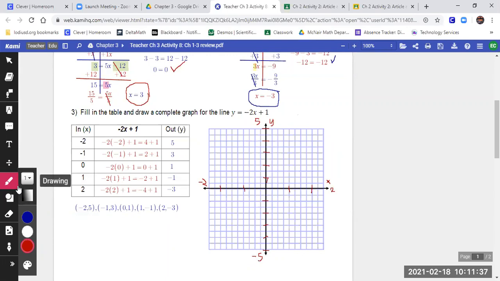All right, so I changed my dot to about a 4. We're going to go put our dots on the graph now. When x is -2, y is +5. So -2, +5. -1, +3. So 1, 2, 3.